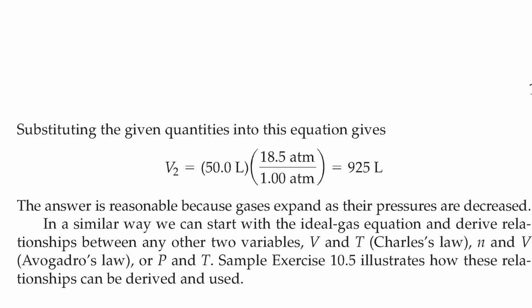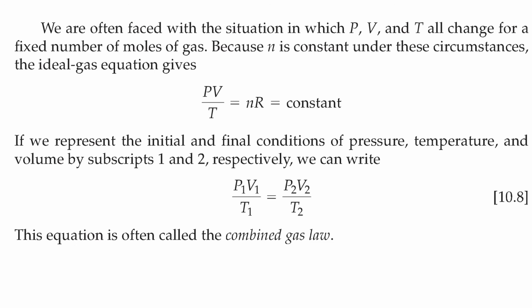In a similar way, we can start with the ideal gas equation and derive relationships between any two variables: V and T, Charles's law; n and V, Avogadro's law; or P and T. Sample Exercise 10.5 illustrates how these relationships can be derived and used. We are often faced with a situation in which pressure, volume, and temperature all change for a fixed number of moles of gas.